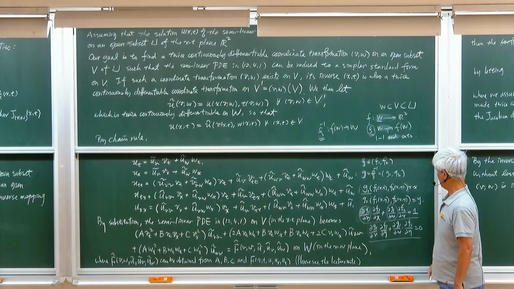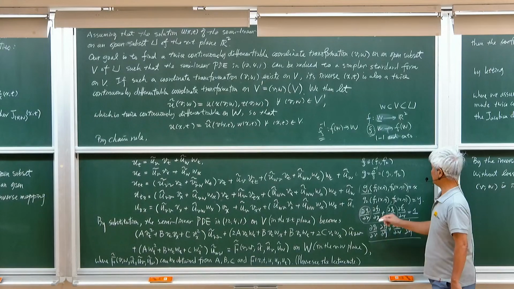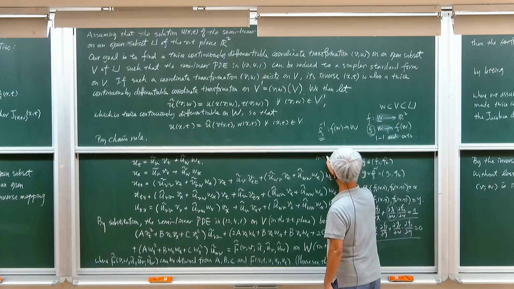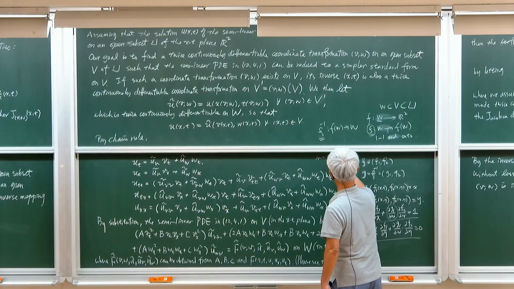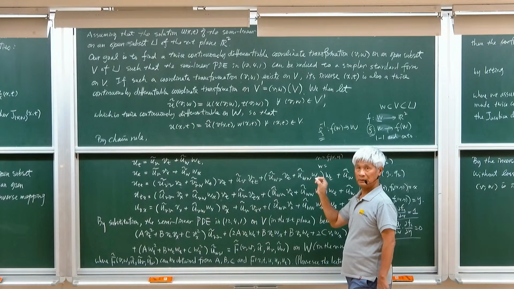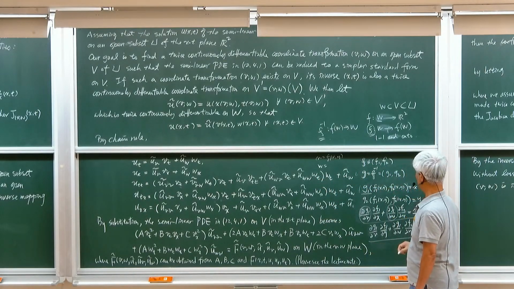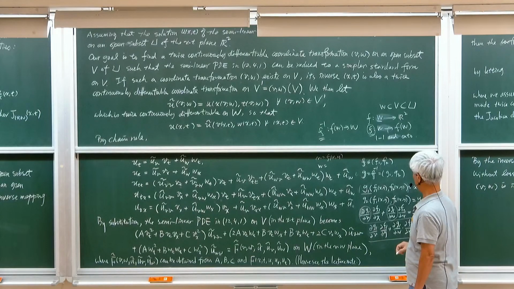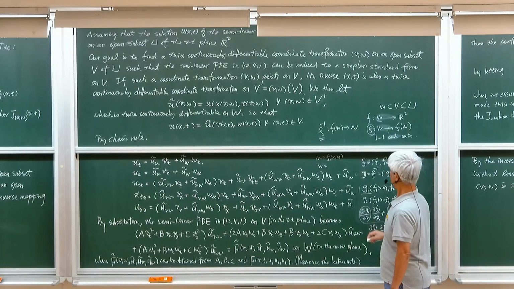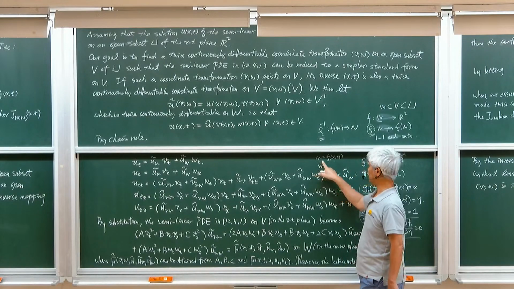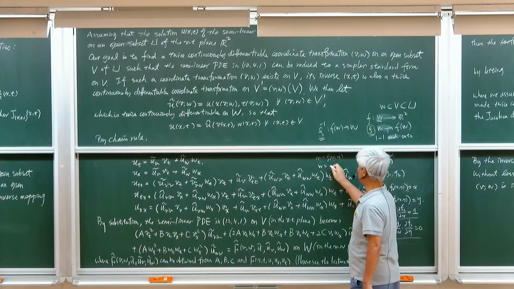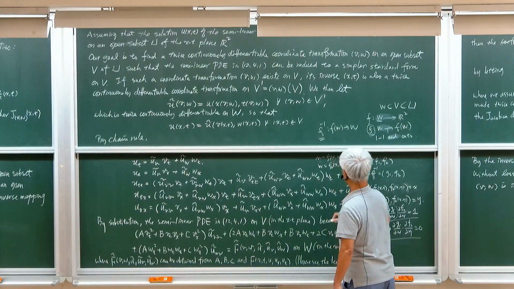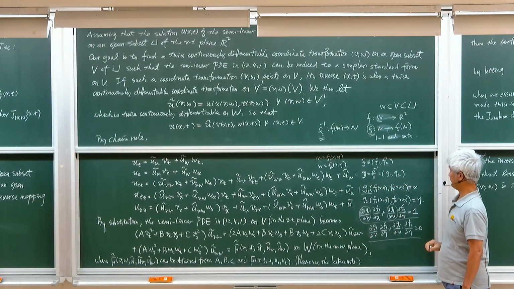Actually, F1 and F2. It should be partial G1 over partial F1. No, but we use V to denote F1 of (x,y) and W denotes F2 of (x,y). F1 is a function. Yeah, I know it's a function. F1 is the component function. We rename it as V, and F2 as W, right?